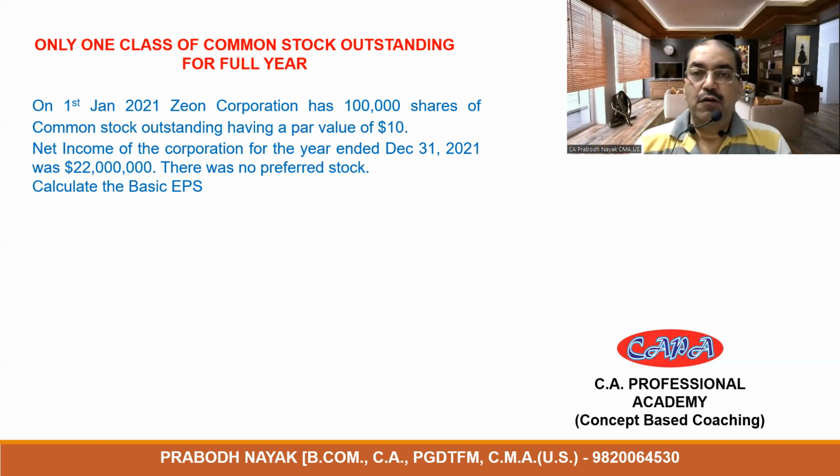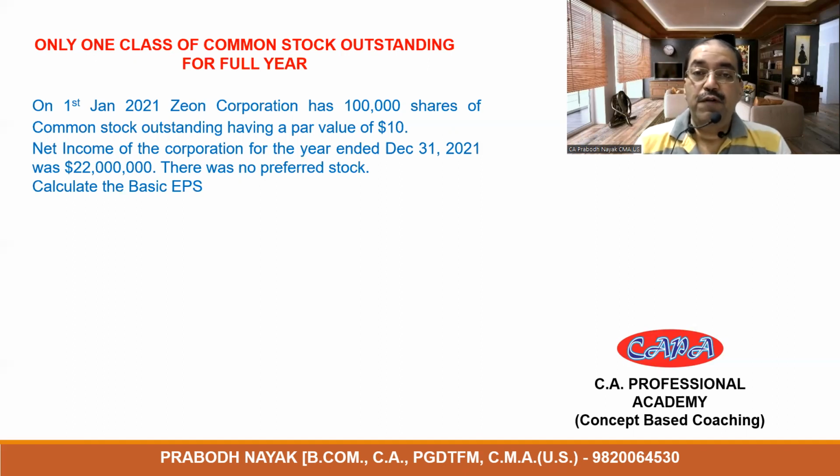On 1st of Jan 2021, Xeon Corporation has 100,000 shares of common stock outstanding, having a par value, face value of $10. Net income of the corporation for the year ended December 31st, 2021 was $22 million.